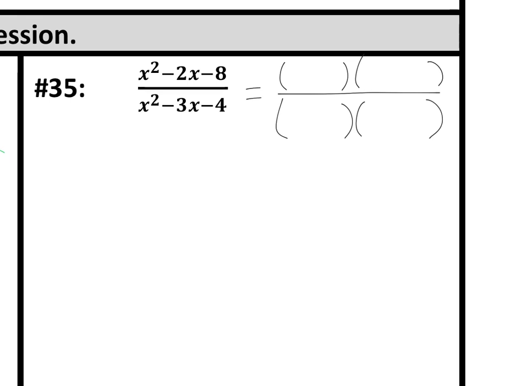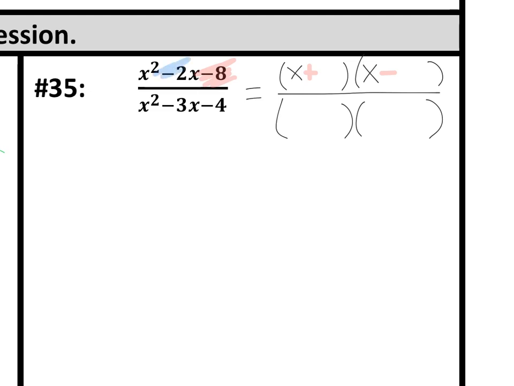Okay, top, we have x squared minus 2x minus 8. There's 3 terms. The first one is an x squared, and there's an invisible 1 in front of that x squared. So that means we can do the shortcut method, meaning we'll have an x and an x. Since the last term, the negative 8, is negative, we are going to have different signs, so 1 plus and 1 minus.